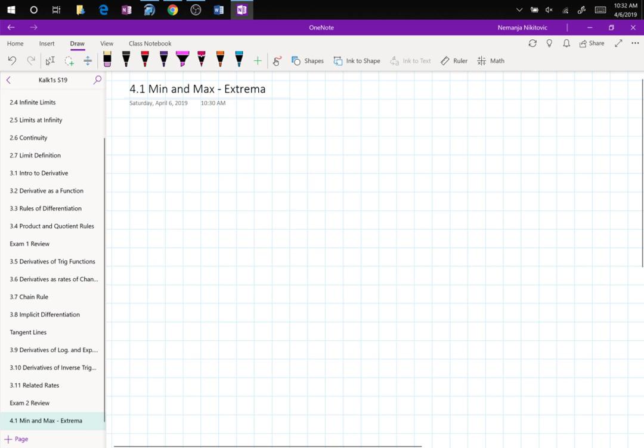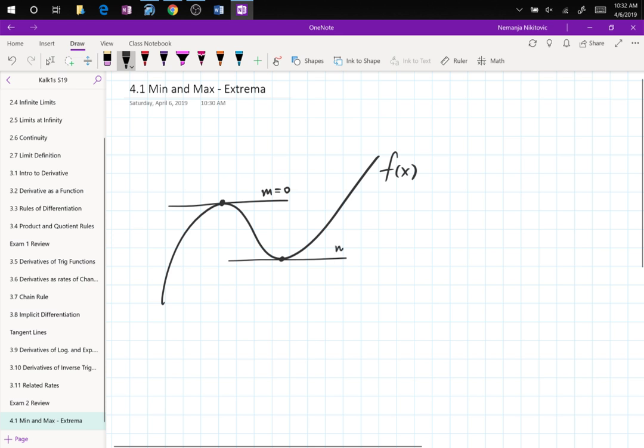If you observe some kind of a curve function f of x, you will see that there is a horizontal tangency at a point, slope m equals 0, and then on the bottom as well we can find horizontal tangency, m equals 0, where the slope is equal to 0.